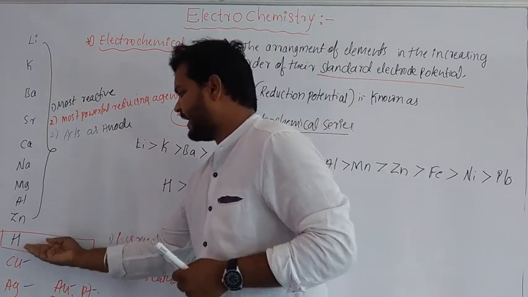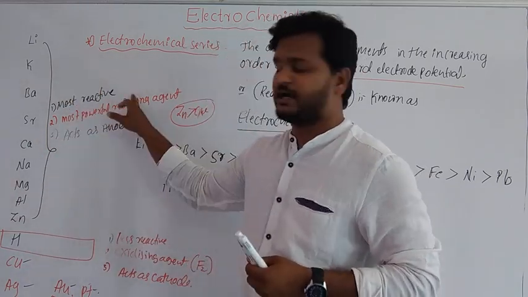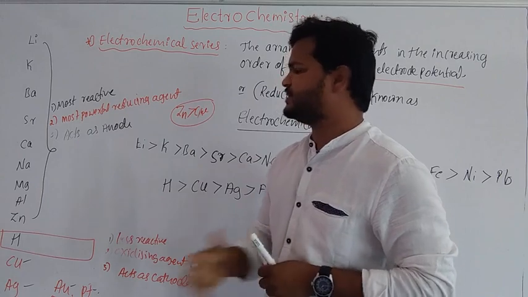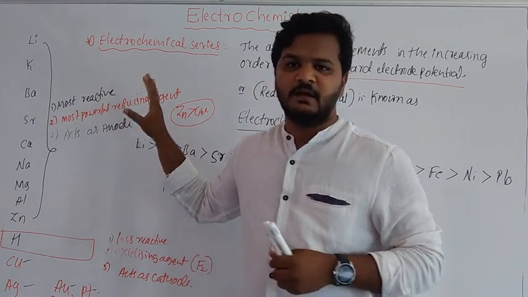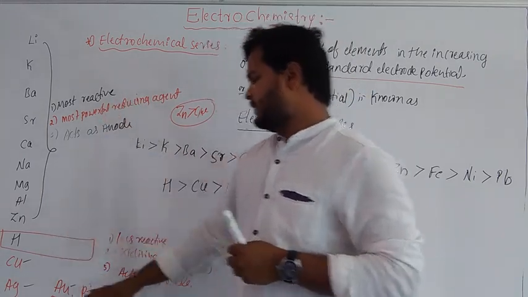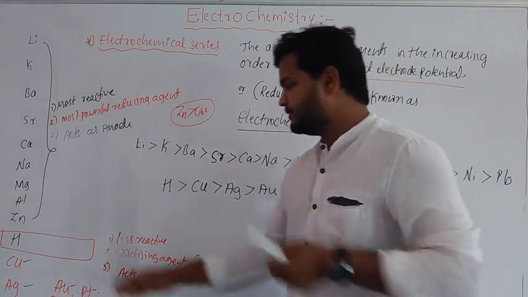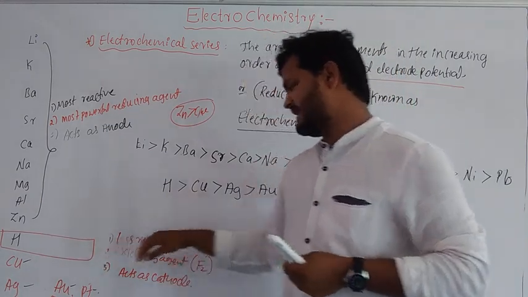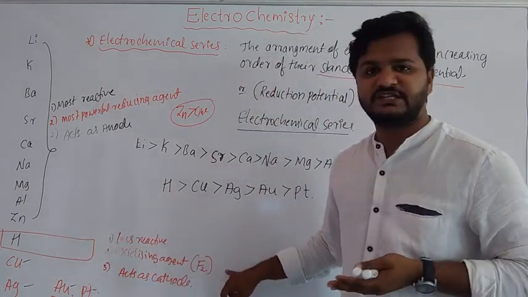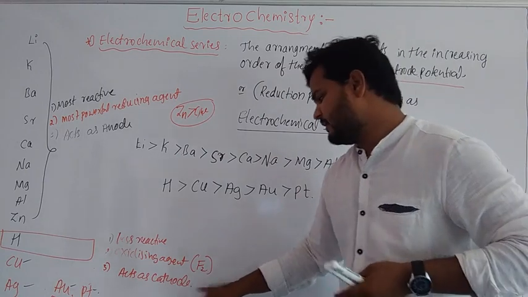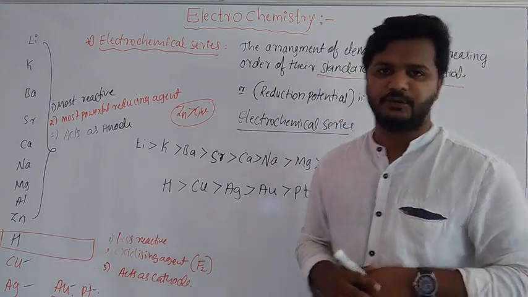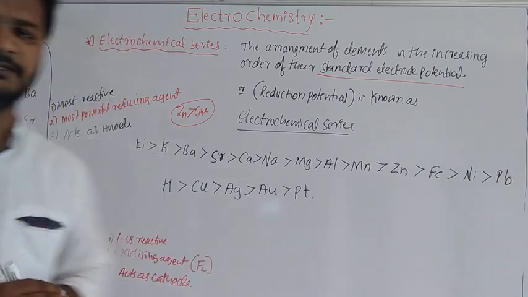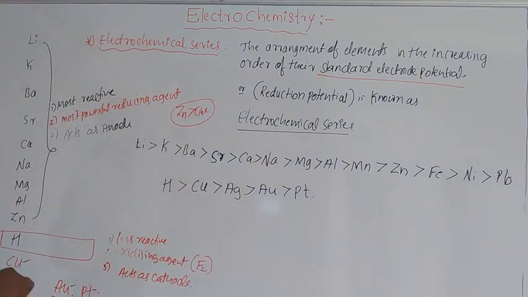Here above the hydrogen, these are all most reactive and most powerful reducing agents, and these all act as an anode. And the elements or metals present below the hydrogen are less reactive and oxidizing agents, and they act as a cathode. Okay, so these are the concepts about the electrochemical series and applications.